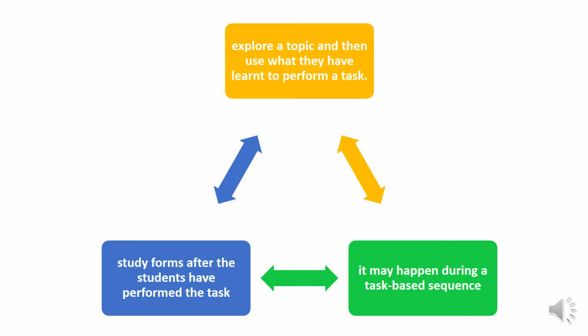This usually happens as a form of language repair, when the task has shown up language problems, or when students may have found the task easier if they had been able to produce certain language forms which they did not use at all.